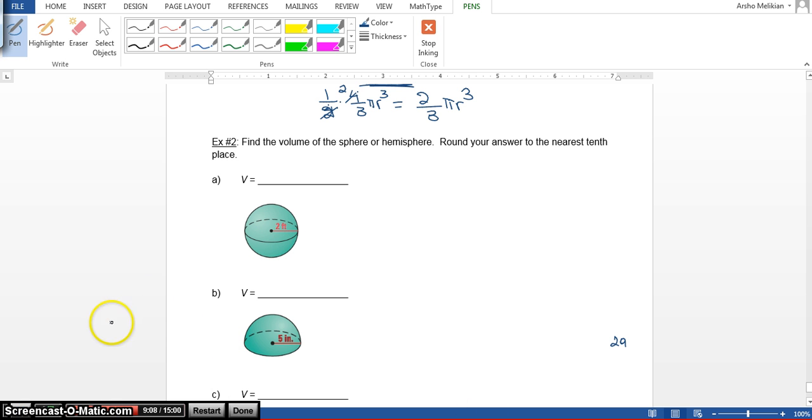In this case, the radius is 2, and the formula for the volume is 4 over 3 pi r squared. 4 over 3 pi 4 squared. I'm sorry, 2 squared, that gives you 4. So this is 4 over 3 times 4 times pi, which is 16 over 3 pi. Okay? And that you can put in your calculator.